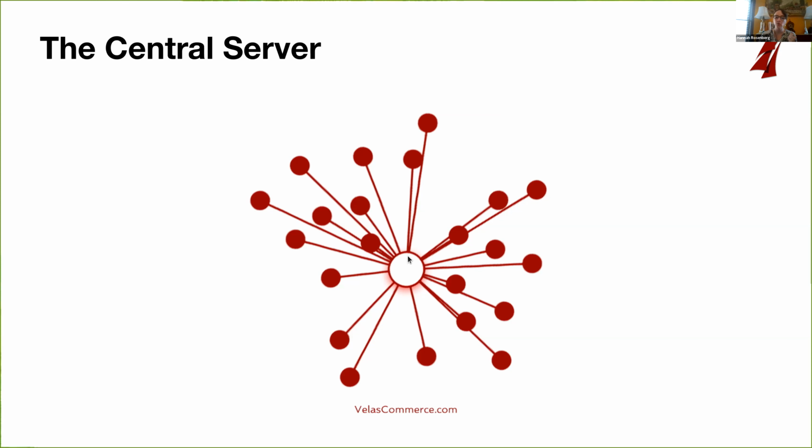She has to send it through the central server. And that central server does the job of saying, okay, I'm going to debit Alice's account one coin and credit Bob's account one coin. That way we can keep track of who has what when. We can prevent people from just copying and pasting money. We've tried to create digital scarcity by having this central server that decides who has what when.